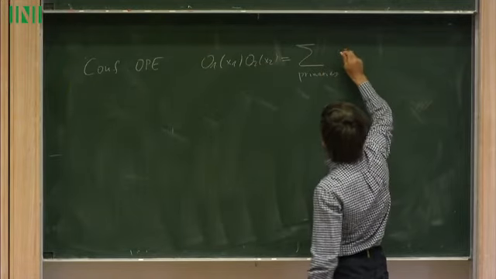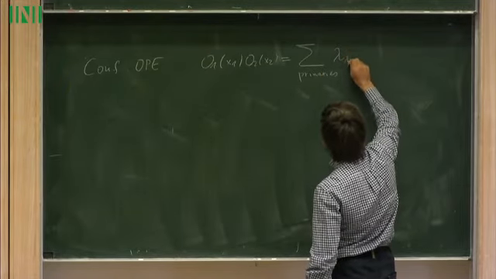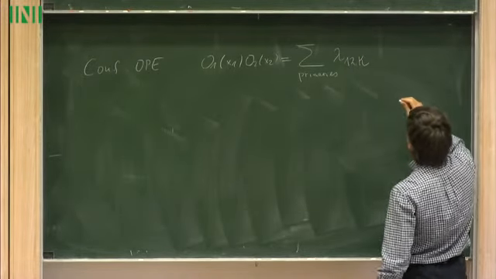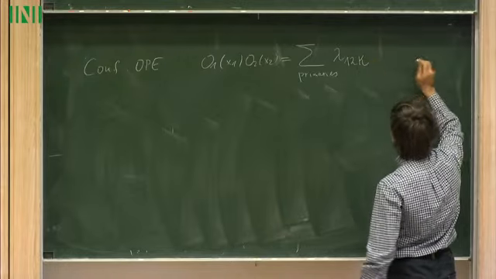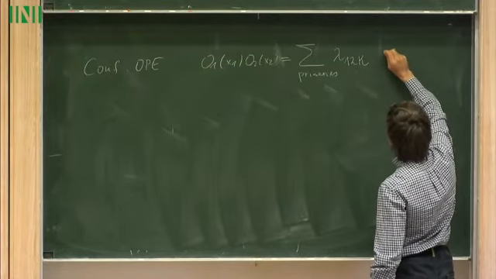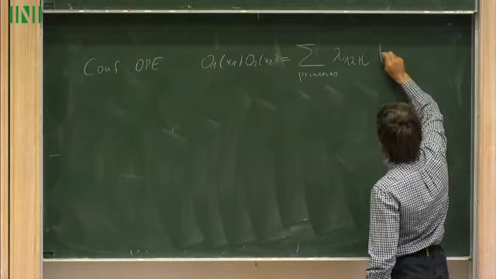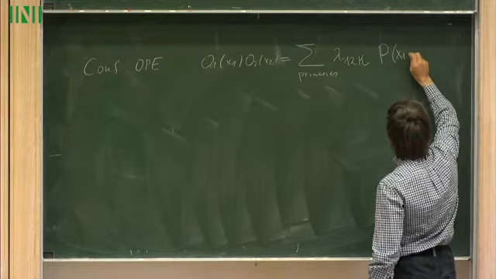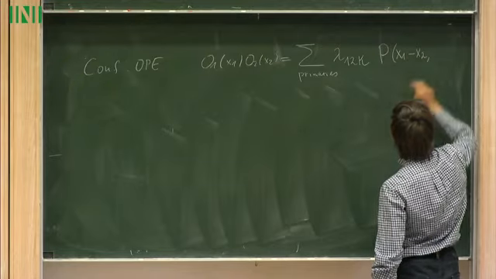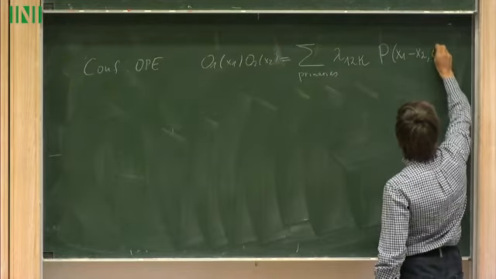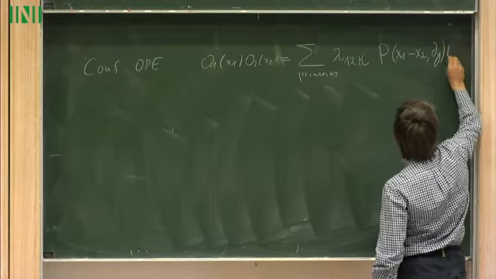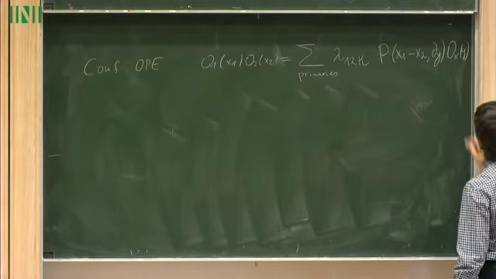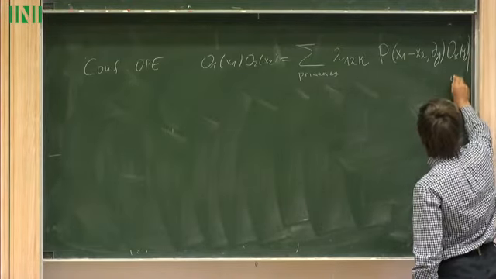You introduce these numbers lambda_12k, which are called OPE coefficients, and here I write a function P which depends on x1 minus x2. It's a power series in derivatives, and it acts on the primary operator O_k of y, at y equals 0.